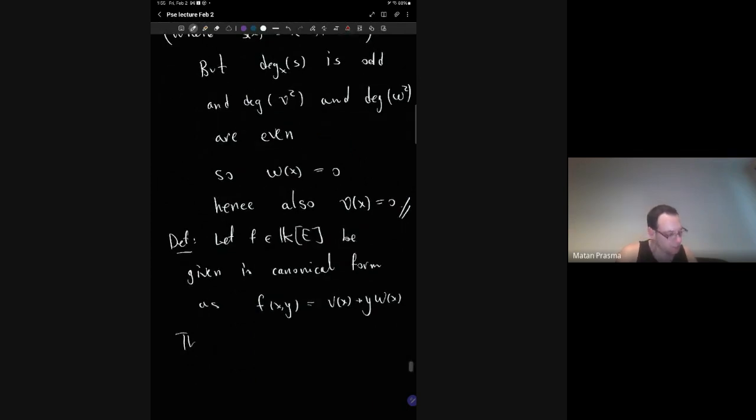The conjugate of f is f bar, which is simply v(x) minus y w(x).